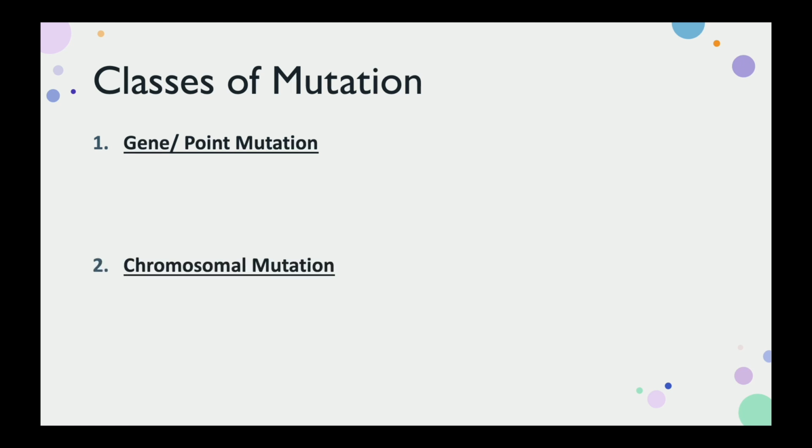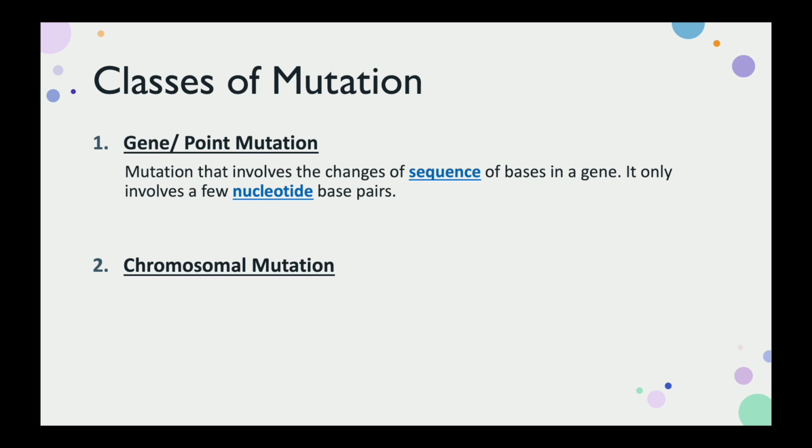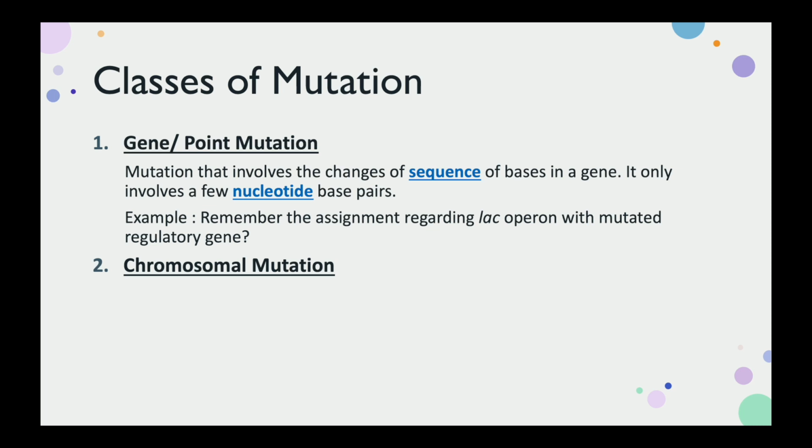There are two classes of mutation. These are gene or point mutation and chromosomal mutation. Gene mutation refers to mutation that involves the changes of sequence of bases in a gene. It only involves a few nucleotide base pairs. For example, do you still remember in the assignment regarding lac operon with mutated regulatory gene?